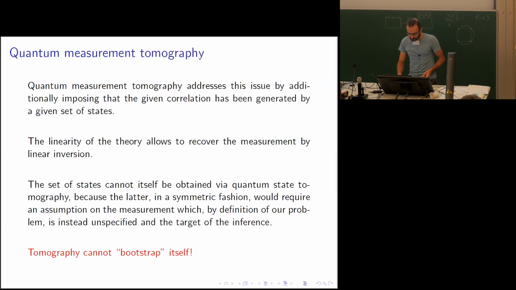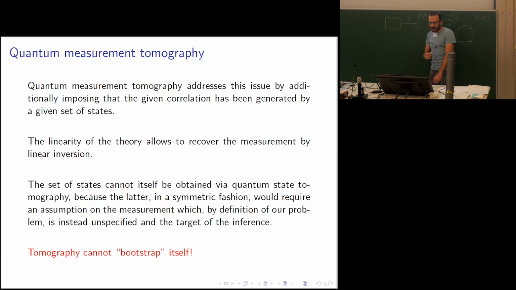So what do we do? Well, like I mentioned before, one thing you probably will have thought of is tomography. If you make some assumptions on the states that were prepared by this state preparator, you can reconstruct the measurement just by linear inversion. The problem is that in order to do that, you would need the states, and to get the states, you would need to do state tomography, for which you would need to assume a measurement, and so on and so forth.